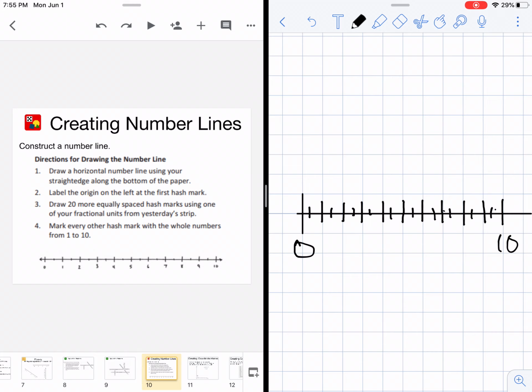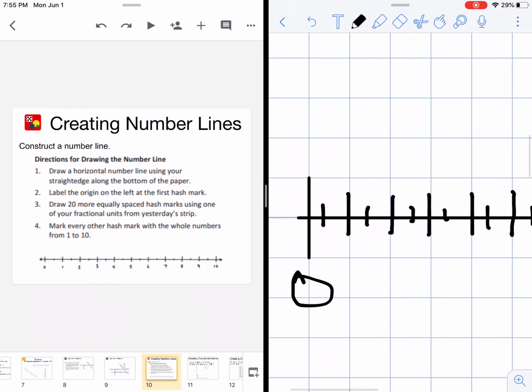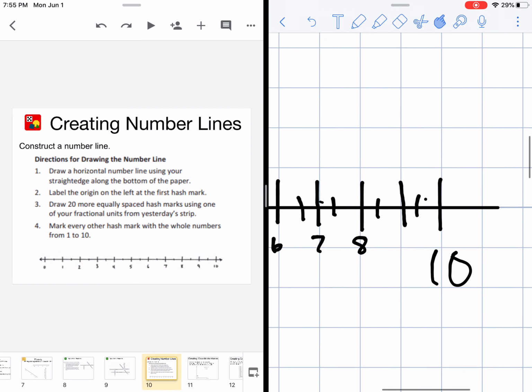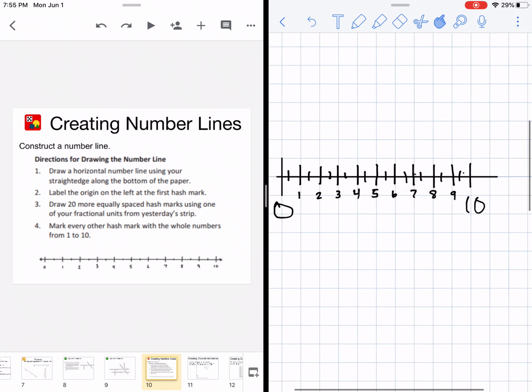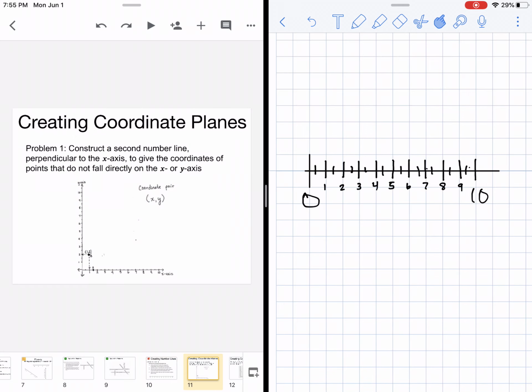So like we were doing, our larger hash marks are 1, 2, 3, 4, 5, 6, 7, 8, 9, and 10. All right, so there's our number line. That was problem number 1.